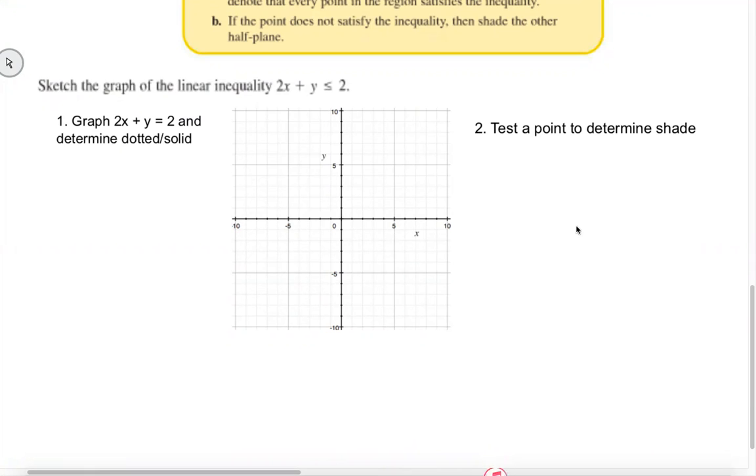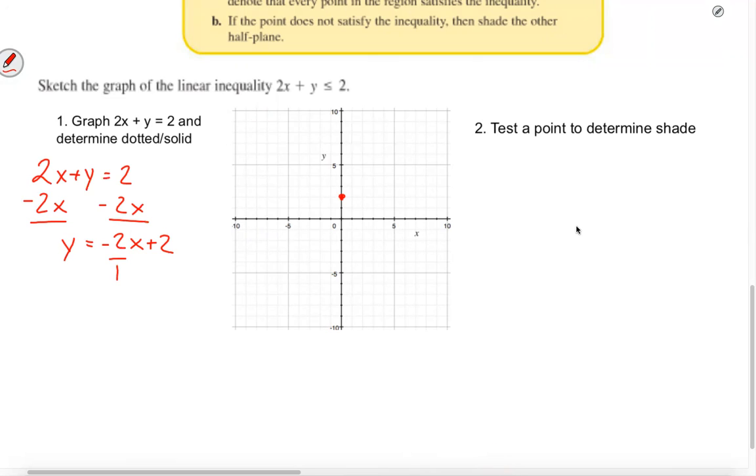Now, Hannah could be good at getting y by itself. So Hannah might just do minus 2x, and she's going to get that pretty quick, right? So Hannah would come up here to 2. She plots her point. Then notices her slope is negative 2 over 1.